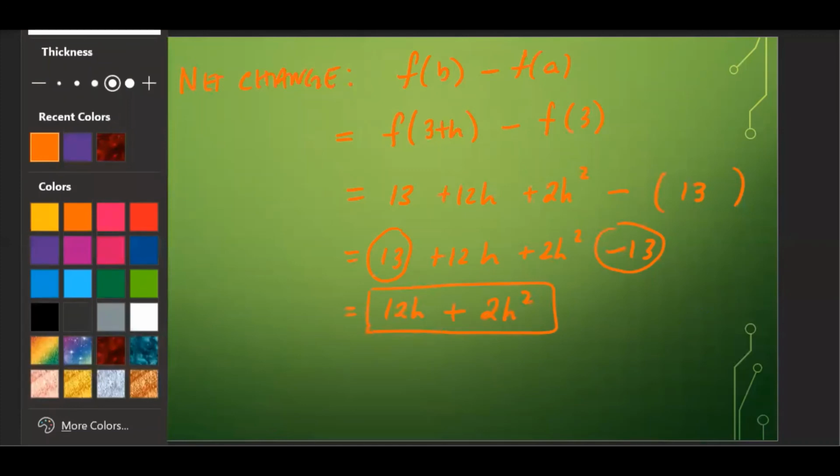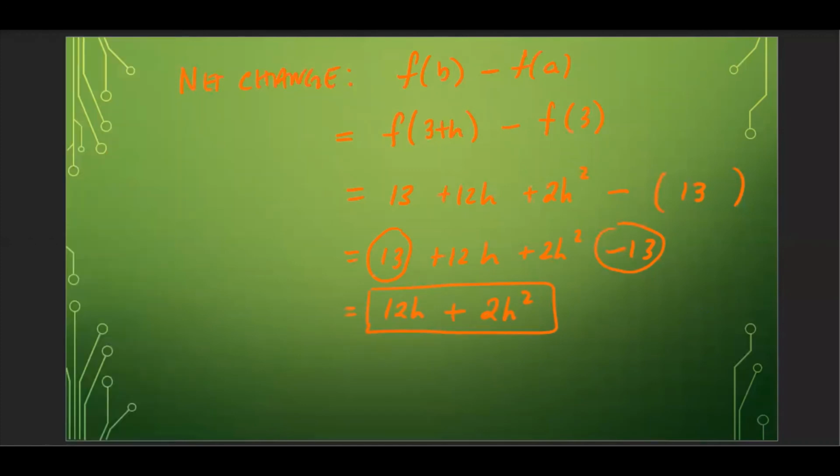And now for the average rate of change, ARC, we're going to take the net change, which is 12h plus 2h squared, over b minus a. So our b happens to be 3 plus h, and a happens to be 3. And this will simplify to 12h plus 2h squared over h.